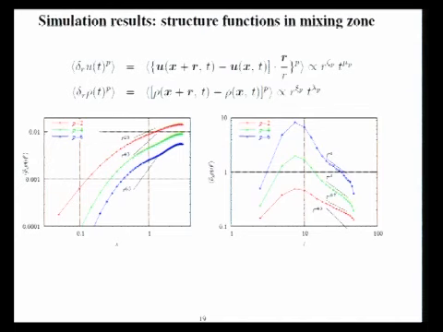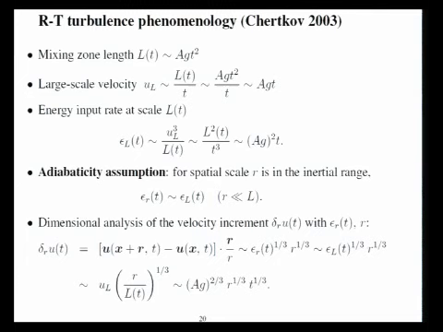One is a spatial average within the mixing zone, and the other is the ensemble average over different initial perturbations. These two are examples, and before showing my result, I'll show you what the Chertkov phenomenology gives.